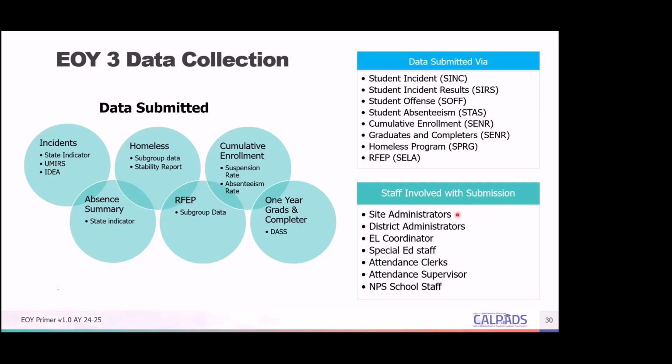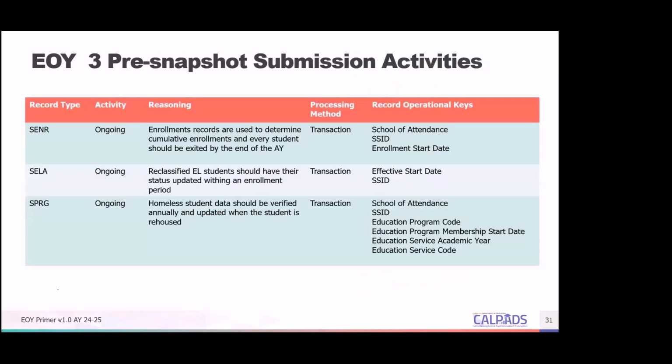But our recommendation here is for school site administrators, district administrators, English learner coordinators, special education staff, attendance clerks and attendance supervisors, as well as NPS school staff, all have involvement in the end of year three data submission. So quite a few folks already recommended, but you may need even more than that.